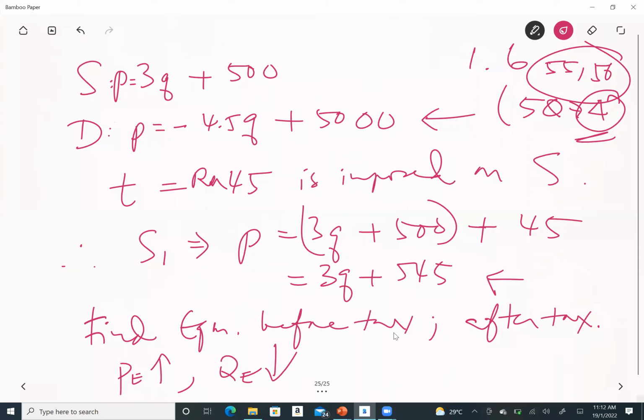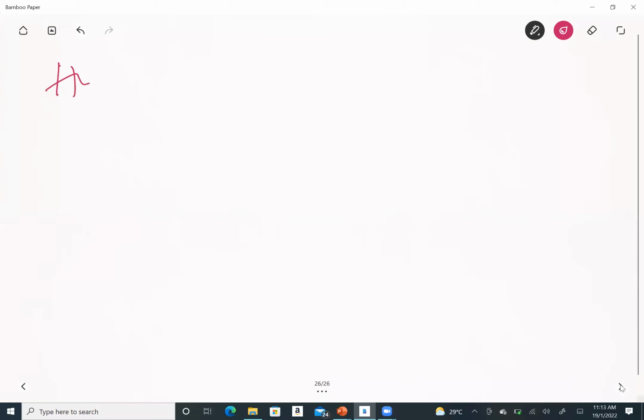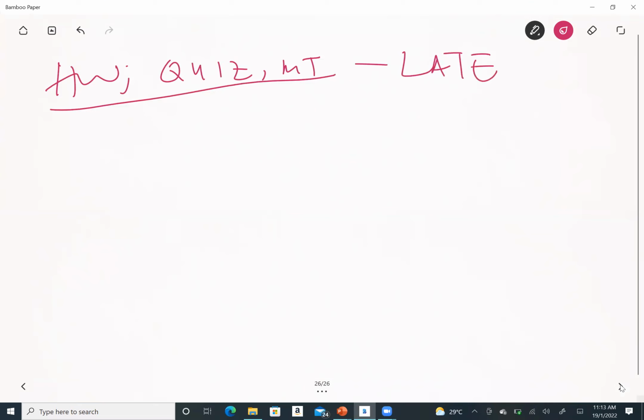Okay, all right. Now regarding camp, the camp I will post it to you in the WhatsApp group. Now regarding your homework, mostly homework, quiz, midterm, whatever. Now, if you submit late, some people submit late, even homework number 2 also submit late.